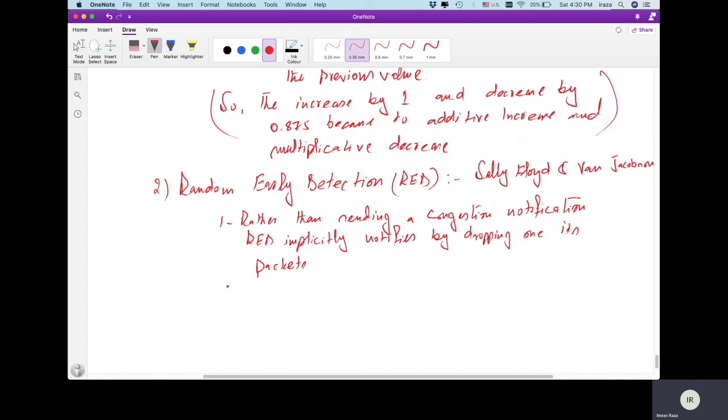And the second thing is RED decides when to drop a packet and what packet to drop based on a drop probability, right?